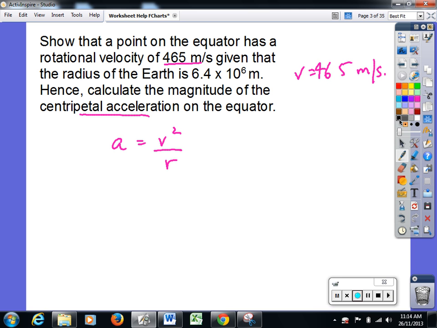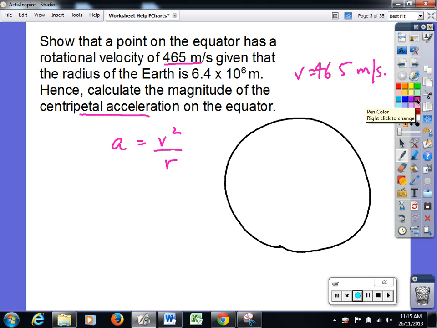Well, we just have to realise that the Earth is just a massive circle. This is our person over here standing on the equator, and this would be the North Pole here, and we're turning around. This person would move around there once in a day. So using velocity is distance over time.